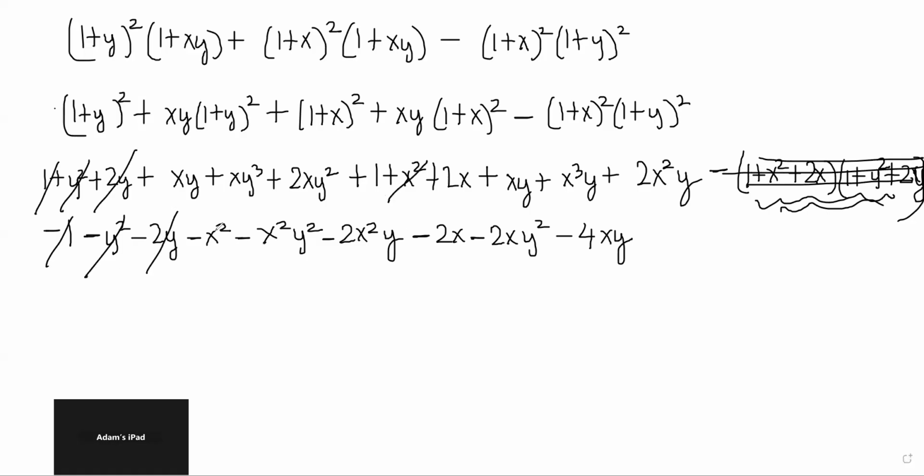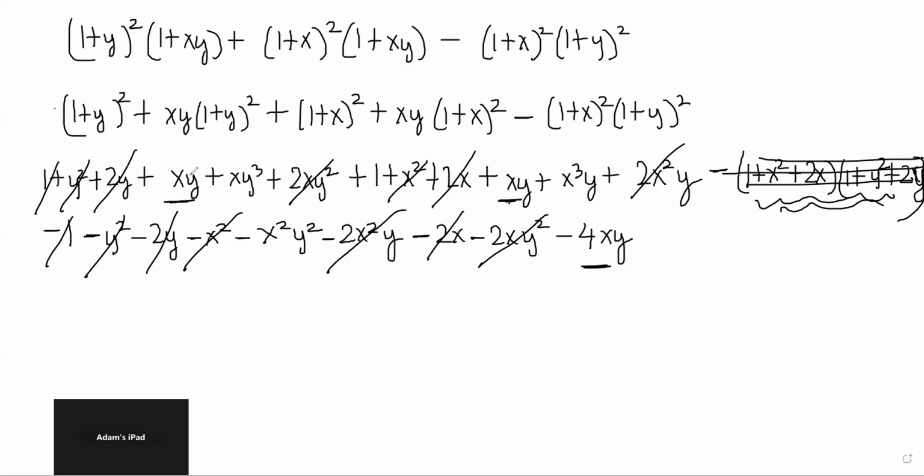Then x square is getting cancelled. X square y is here, minus, this is getting cancelled. X y square is here, this is getting cancelled, right? Yes. 2x is getting cancelled. And you are getting a plus 2xy here, and there is a minus 2xy here, minus 4xy here, right?